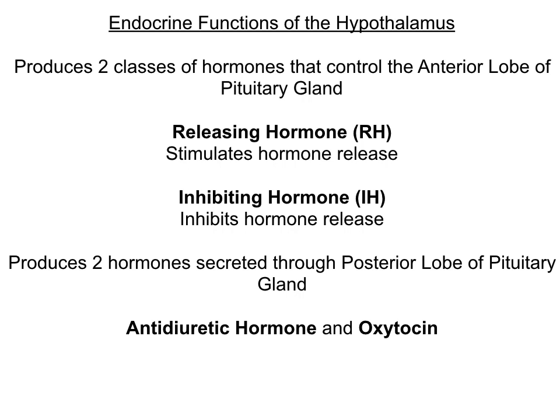Now, in addition to these hormones controlling the anterior lobe, your hypothalamus does produce two other hormones that are going to be carried from the hypothalamus to the posterior lobe of the pituitary gland, and from the posterior lobe be released into the blood.